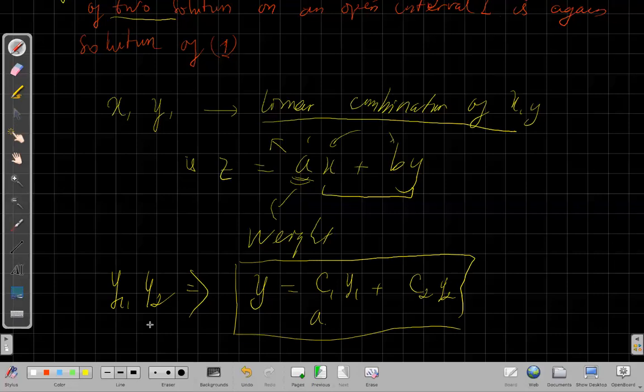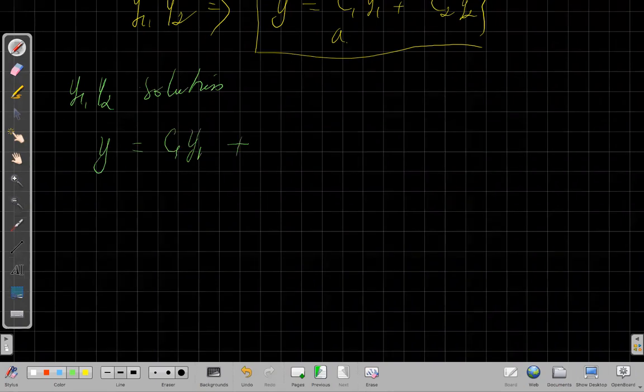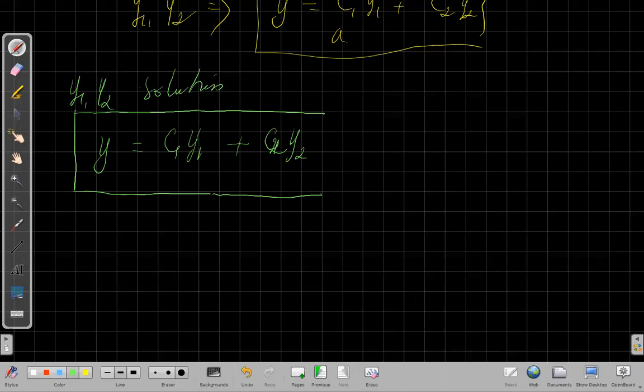More specifically, the theorem states that if y1 and y2 are solutions, then y equal to c1 multiplied by y1 plus c2 multiplied by y2 is also a solution of the second order homogeneous linear ODE.